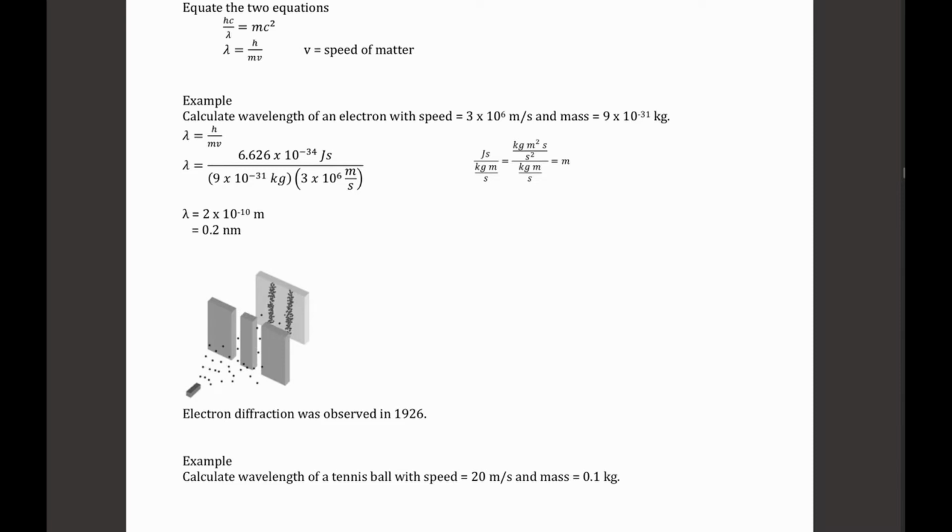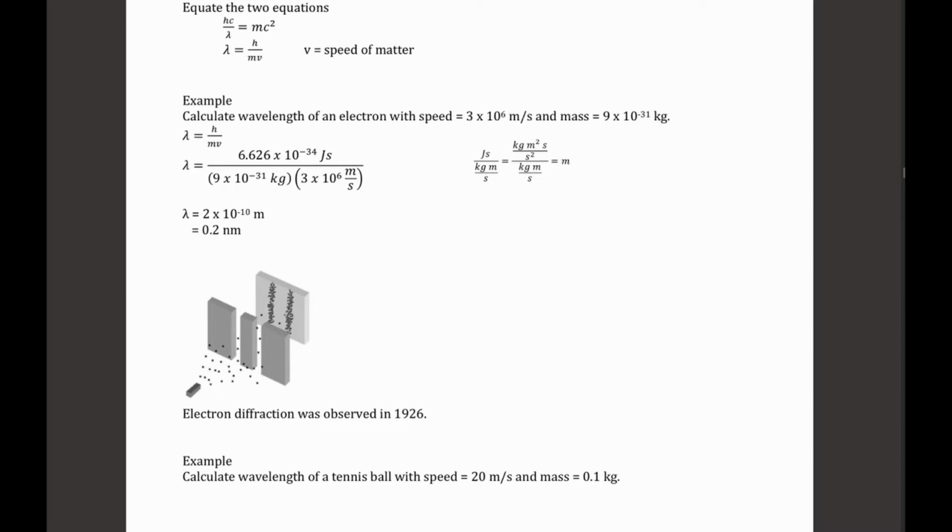From this, we have this theoretical idea that electrons have a wavelength. Well, what we would have to do is verify that with an experiment. And electron diffraction was observed in 1926. So remember that for something to undergo diffraction, it has to be a wave.